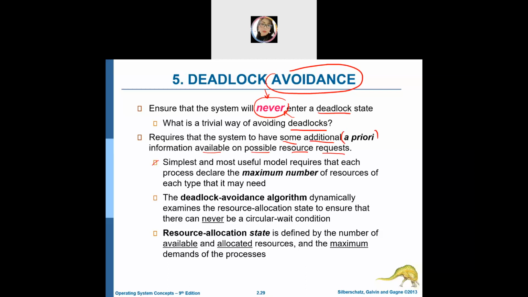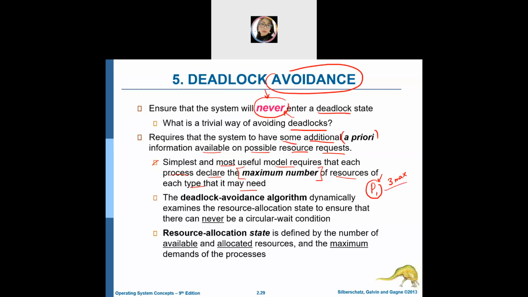How? The first one, the simplest and most useful model, requires that each process declare the maximum number of resources of each type that it may need. So let's say P1 needs to declare, okay, I think I need at most three resources.